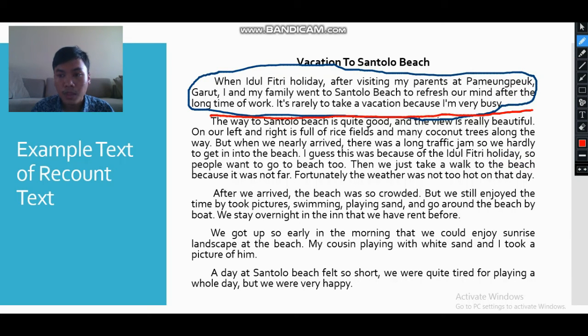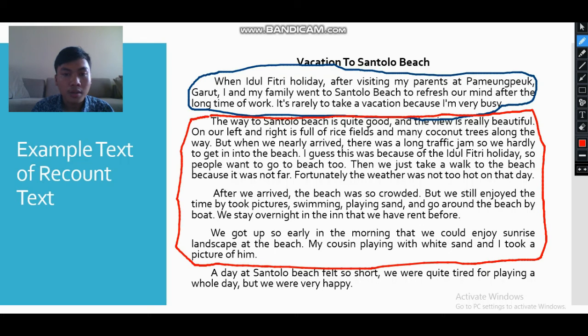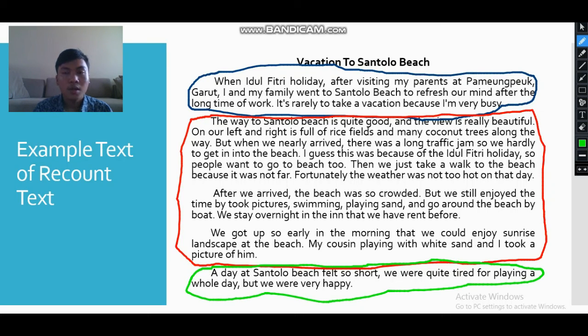Paragraph 2, paragraph 3 and paragraph 4 are the events, because these paragraphs tell us the sequence of events from start to finish. And then the last paragraph is the reorientation, because the author writes down the conclusion of their journey, and the last paragraph is the end of the story.